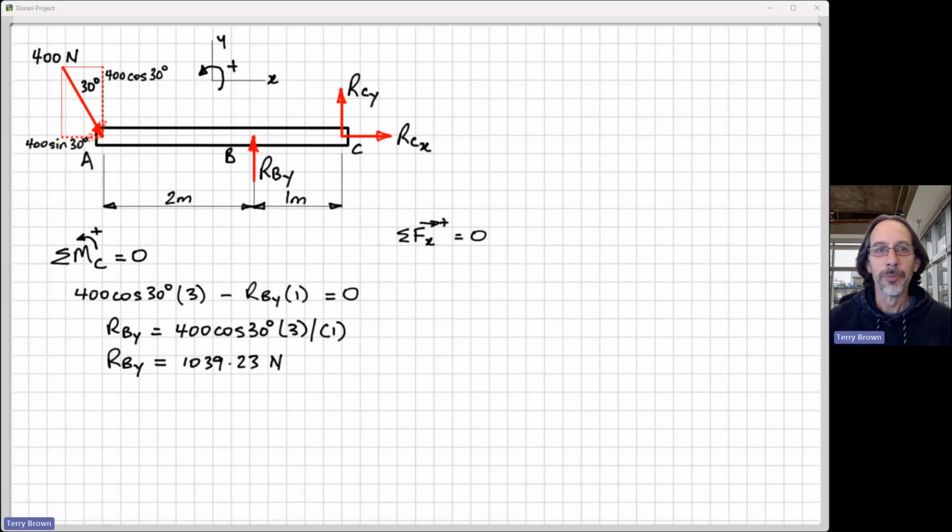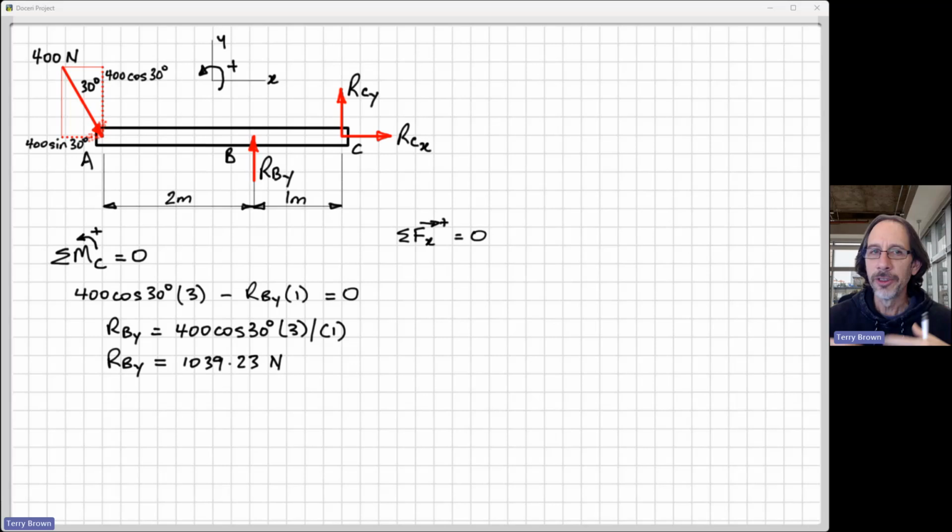Now, some of you might have been wondering already about the senses of these unknown forces that we've put on our free body diagram. I didn't talk about whether we put this one acting up or downwards, and whether this one's acting up or down, or this one's acting to the right or to the left. So you can have a look at the problem and try to work it out and draw the forces in the correct sense according to what's happening with the other forces and moments in the problem.